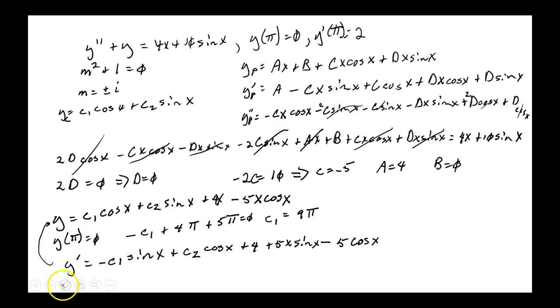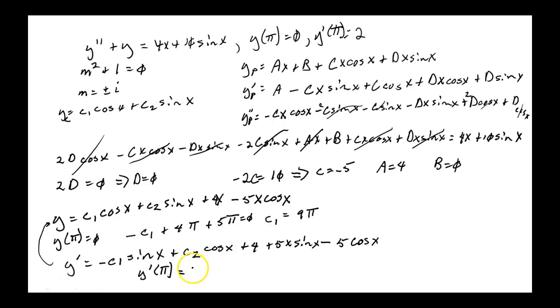All right, that helped. Okay, and that should be equal to 2, if I'm not mistaken, when I plug in pi. So y prime of pi is going to be 2, and that's going to be, all right, sine of pi is 0.